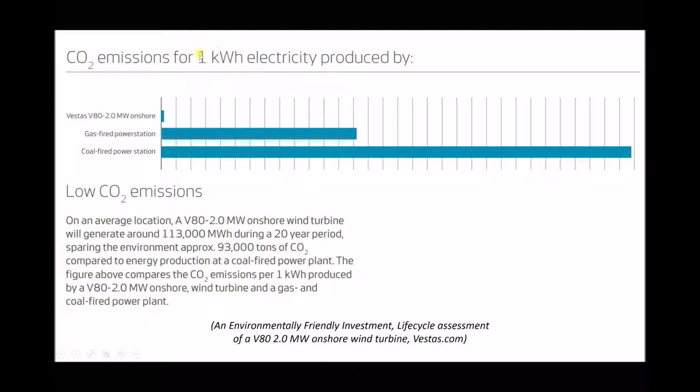And we're comparing that with the amount of electrical energy that's actually being produced. Now once again, this is just an example, but what we see is that the onshore wind turbine's CO2 emissions are very, very low in comparison with both the gas-fired power station and the coal-fired power station. The other thing this shows is that gas produces much less CO2 than coal.